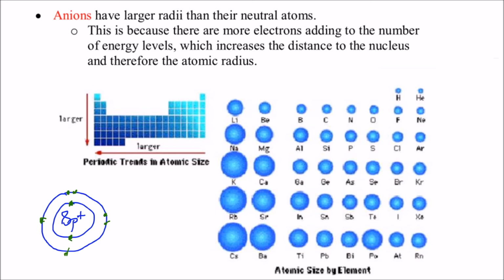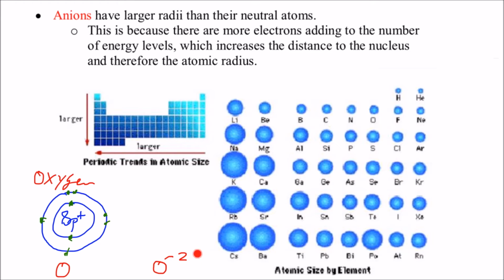Okay, so this is going to be a normal oxygen atom. Well, now we're going to do the oxygen anion. Let me just write down here that that's just regular oxygen. And over here we're going to do the oxygen anion.